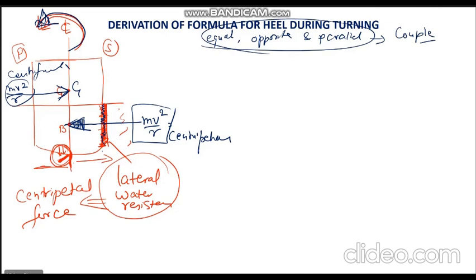The centripetal force is tending to push the lower part of the ship to port. The centrifugal force is trying to push the upper part to starboard. Will the moment of this couple heel the ship to port or starboard? Starboard. So my ship will start heeling to starboard, because of this couple formed by the centripetal and centrifugal force.